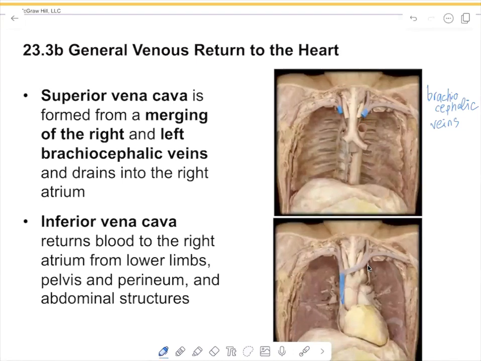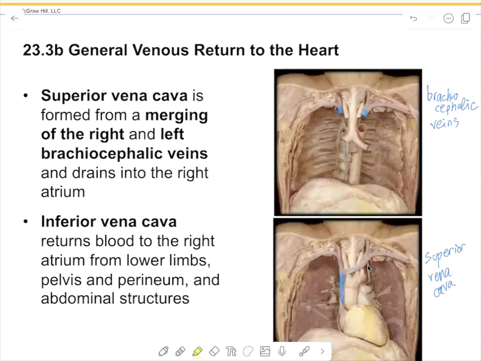The bottom image from the cadaver is showing us the superior vena cava, which is going to lead directly into the right atrium. So at the top, you can see the beginning of the brachiocephalic veins. Then those two brachiocephalic veins are going to lead into the superior vena cava.